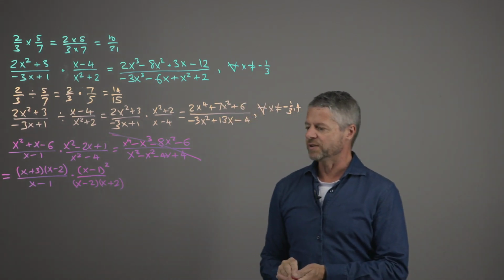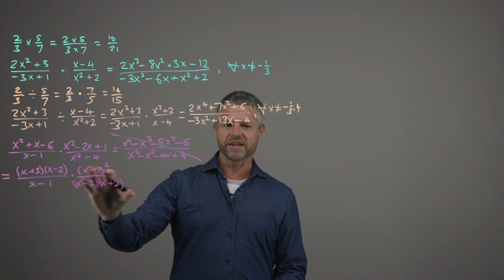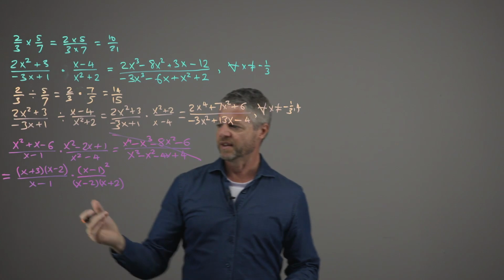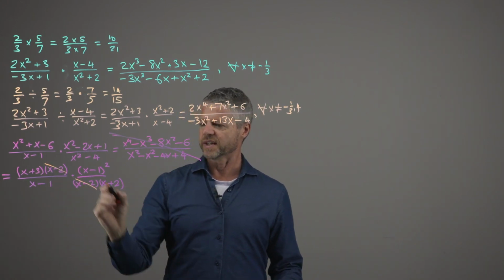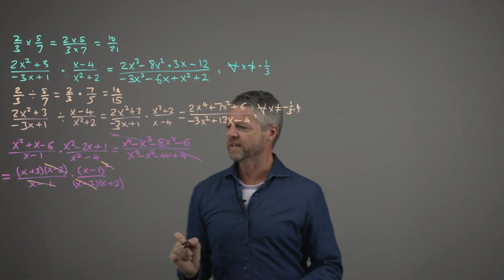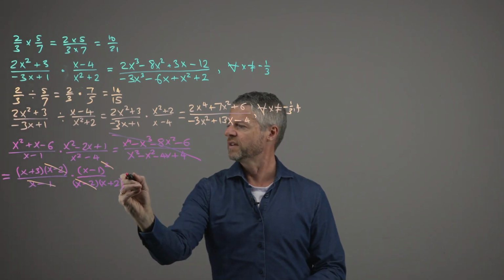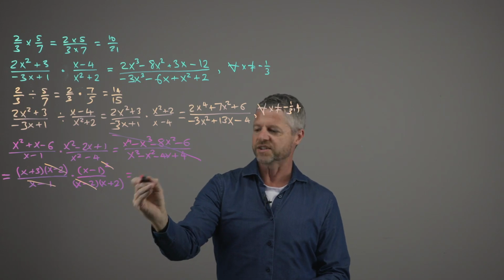And so now we've got a bunch of factors in the numerator and a bunch of factors in the denominator. So I can do some cancelling here. I can cancel this x minus 2 with this one, and I can cancel one of these x minus 1s with the one down here, and I've ended up with a fairly simple looking rational expression.